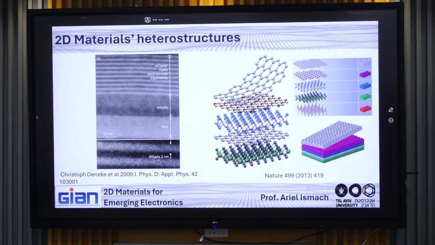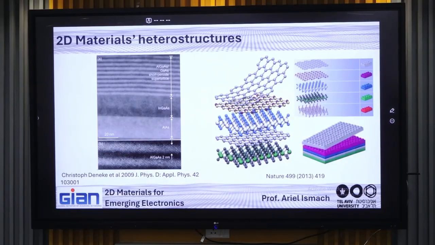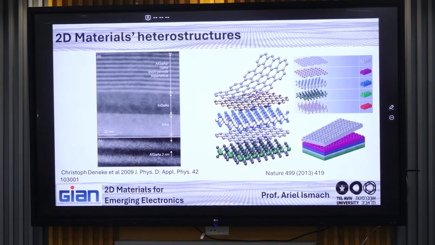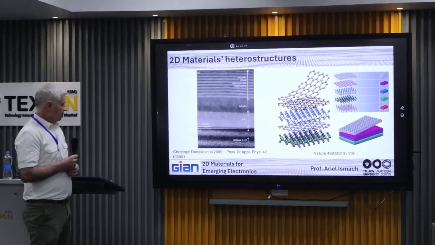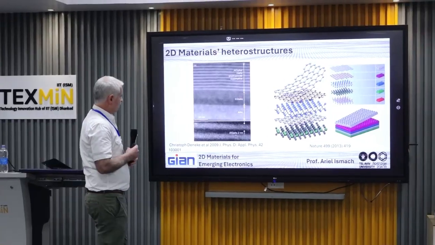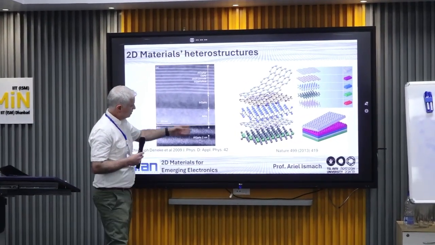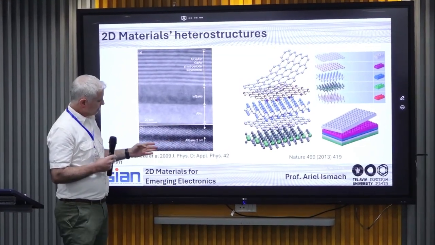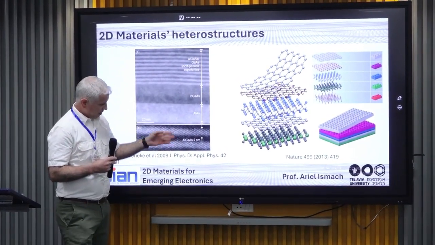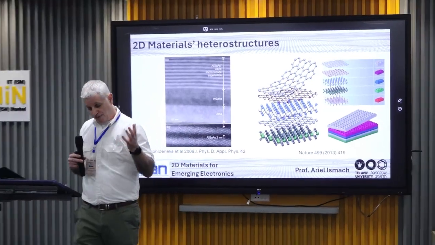Beautiful superlattices that can be done on very specific crystals. Again, the lattice mismatch is a big issue, and also the processing. So these materials need to be compatible one with the other. But when you find the right materials to do so, and these are very similar materials, you can get very nice superlattices at the few atom level.